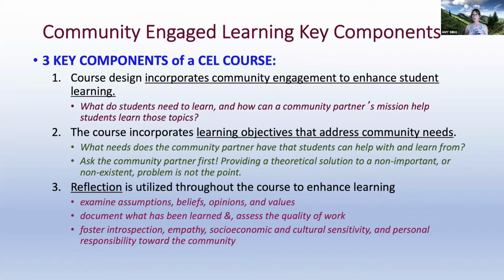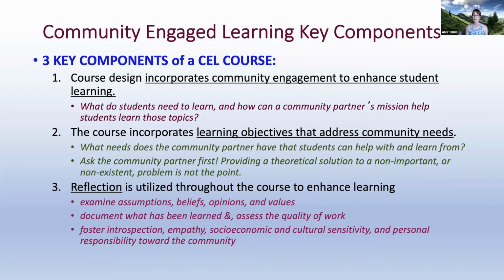So community engaged learning is an official designation, kind of like you would see an attribute listed on the course catalog for any of your gen ed classes, like creative writing or a quantitative math class. There's a CEL attribute that is labeling different classes in the course catalog.